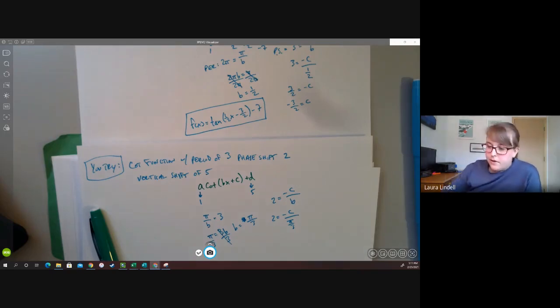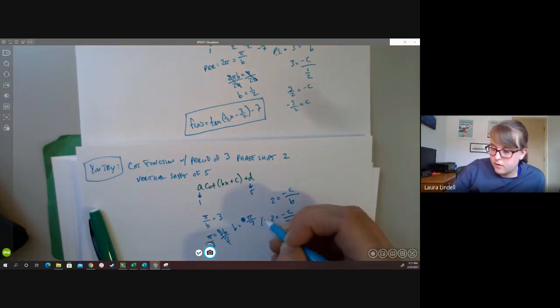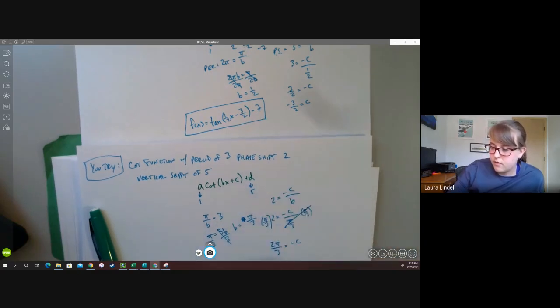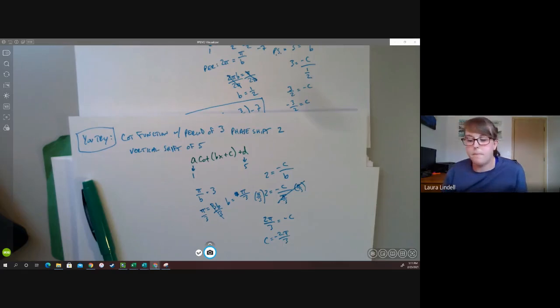Then you want to set up the equation 2 equals negative C over pi over 3, since the phase shift is negative C over B. So then we should get that C is negative 2 pi over 3.